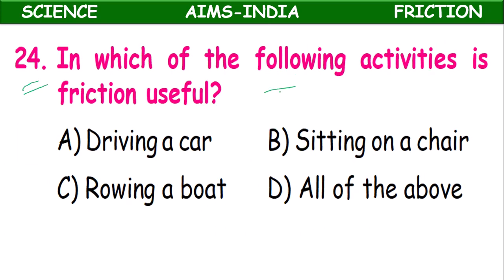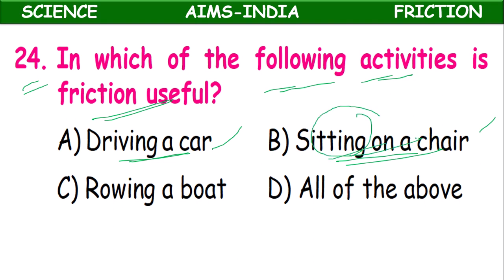Next one, in which of the following activities is friction useful? Driving a car, useful. Sitting on a chair, because of friction we are able to sit on a chair. If there is no friction, we will fly. We cannot sit on the chair. Rowing a boat, yes, it is desirable.